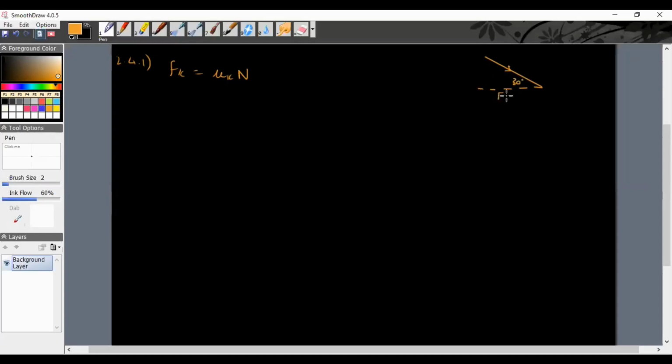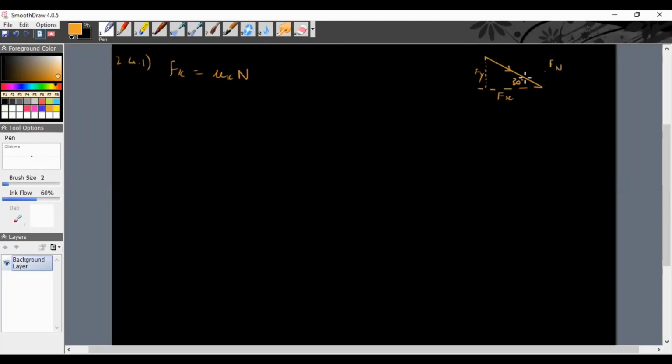Here we have our F_x, and coming down here, we have our y component. And of course we have a normal force also acting on the block.